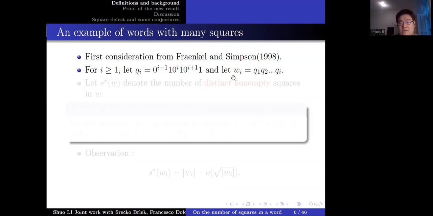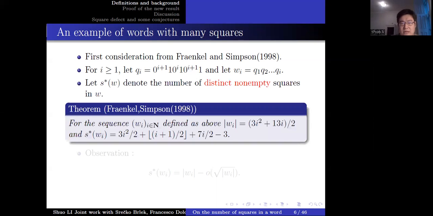To define their sequence W_i, the ith term of this sequence is defined to be the concatenation of Q_1, Q_2, until Q_i. When they considered the sequence W_i, they found that for each term, the length of this word satisfies this identity, and the number of distinct non-empty squares of W_i satisfies this identity.